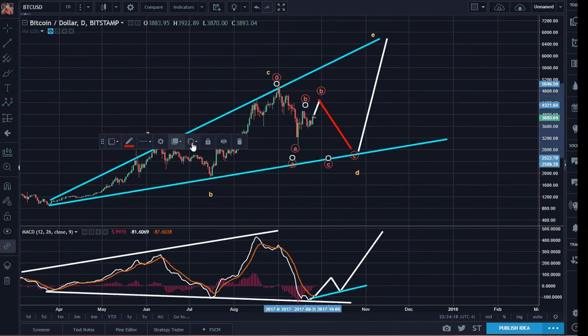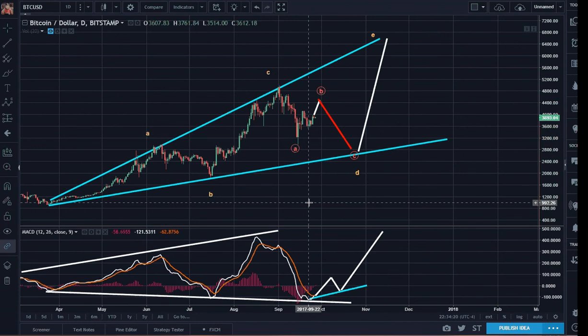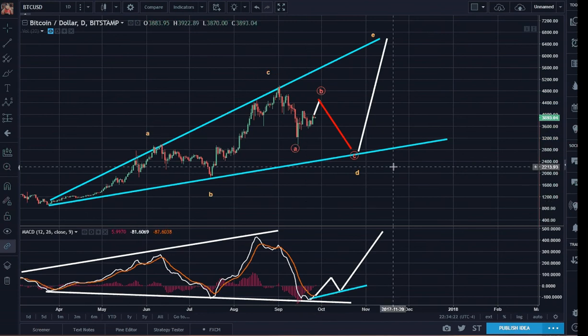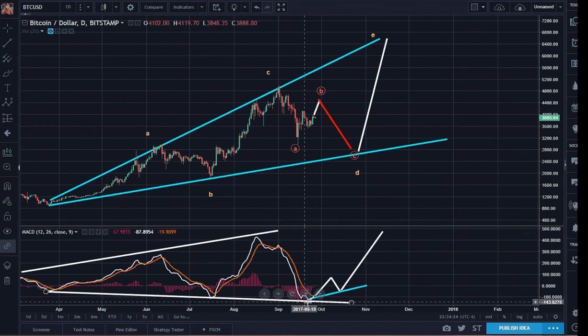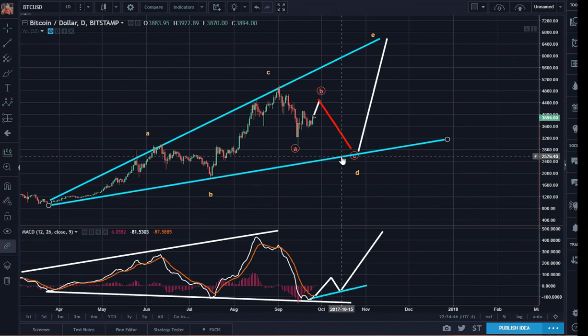But I'm not putting that on the table yet, because the MACD is so oversold, deeply oversold, it would be challenging for it to break this trend line to give such a decline from current levels of almost 4,000 to, let's say, 2,500.